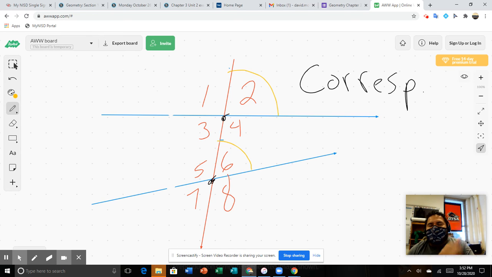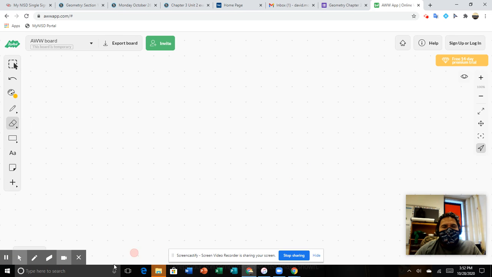So we talked about alternate interior, alternate exterior, consecutive interior, and corresponding angles. Now there are a couple of specific angles that I really want to focus on, which we talked about at the beginning of the set, and that is vertical angles.